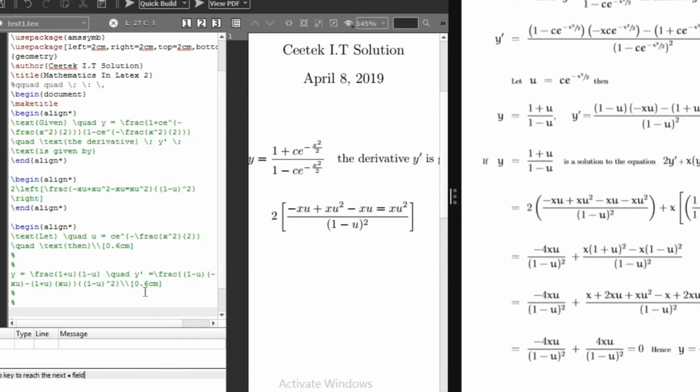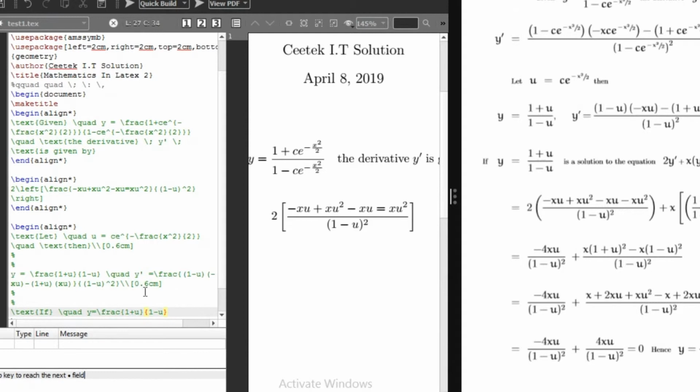So I have text and then have if, then let's leave some space, so quad, then y equals, then we have a fraction, so frac 1 plus u, and then 1 minus u, right?